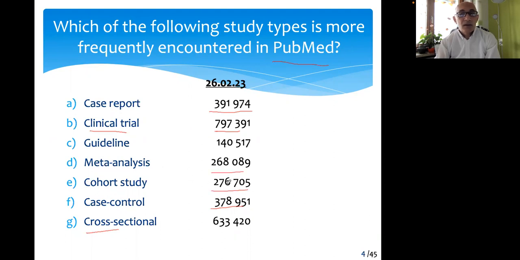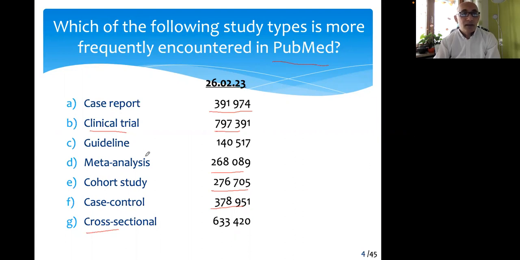Why are the numbers lower? Not because their evidence is low or they're useless or worthless, but because a cohort study is more difficult to conduct, time-consuming and resource-consuming. Meta-analysis, we cannot say requires a lot of money, but it requires a lot of time too.